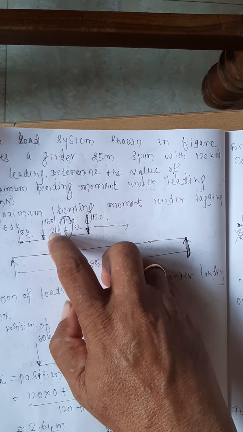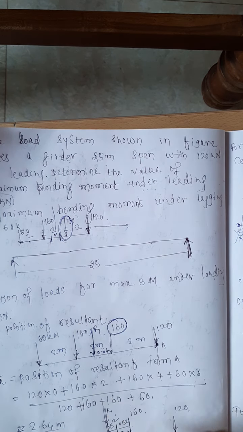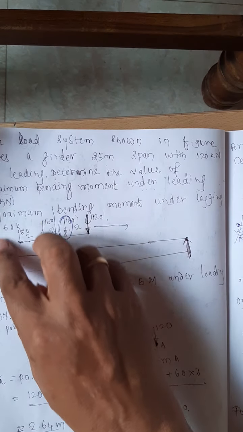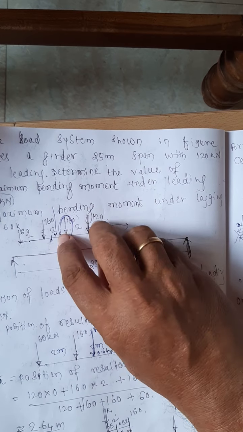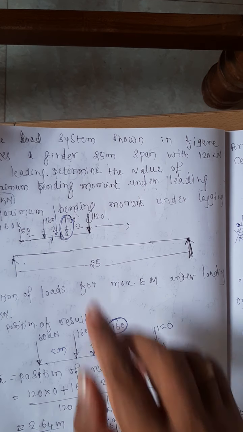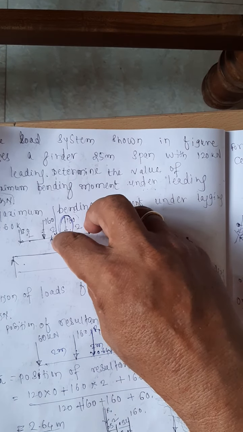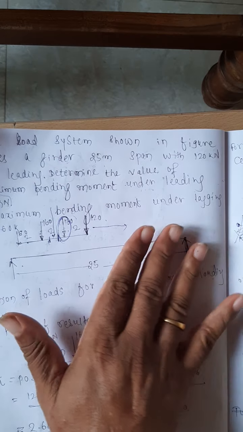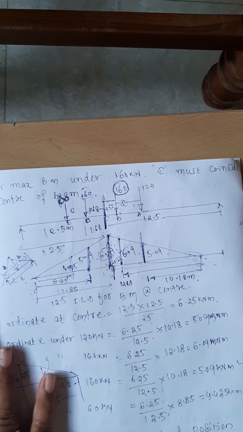That midpoint is to be attached to the center of the beam. The loads are to be kept in such a fashion that that midpoint is coinciding with the center of the beam. Once you pick up this position and carry this whole system and keep it at the center, all the other positions of the loads are fixed.